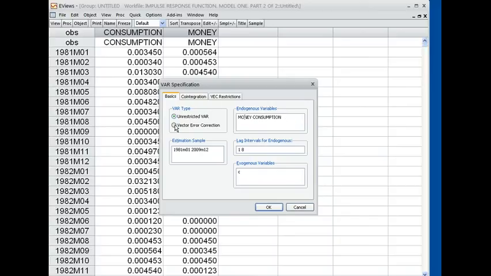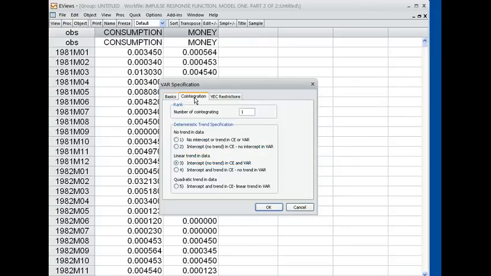So I go to VECM, which is called restricted VAR. I choose this one. And I have taken 8 lags, and co-integration, how many?